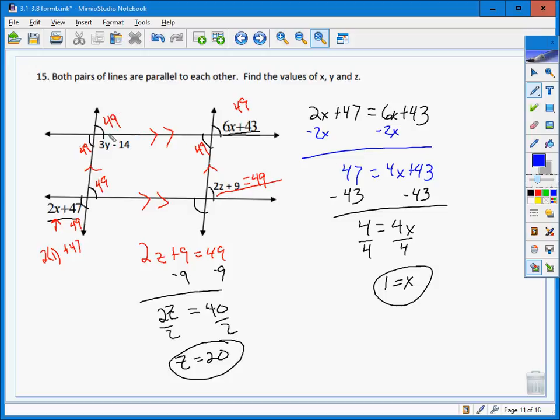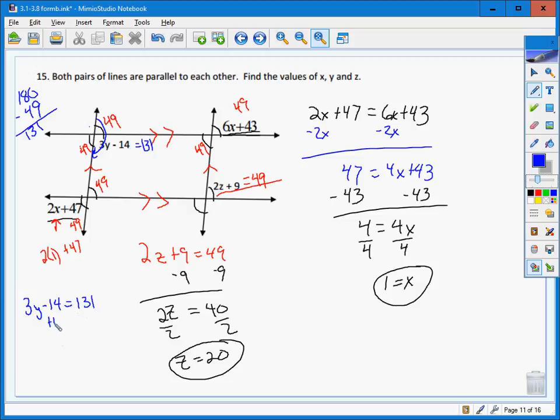If this is 49 degrees here, these two angles put together would have to add up to 180. So the angle that's remaining would be 131 degrees. And that would become my third equation. My third equation would say 3y minus 14 equals 131.